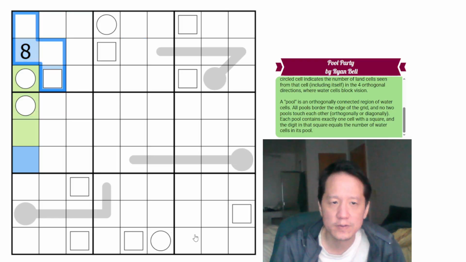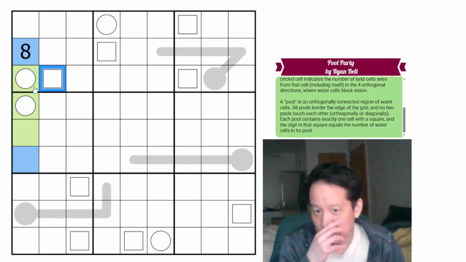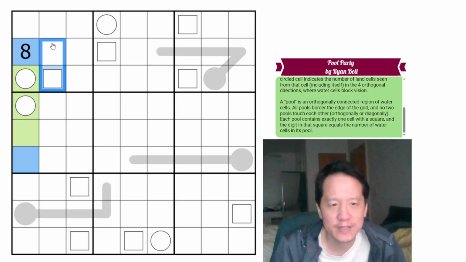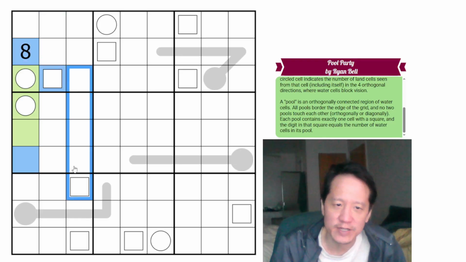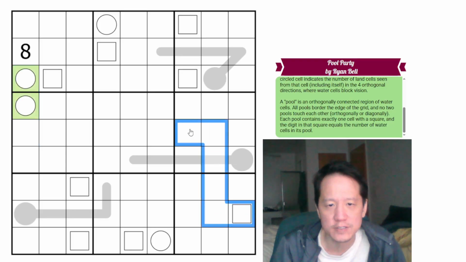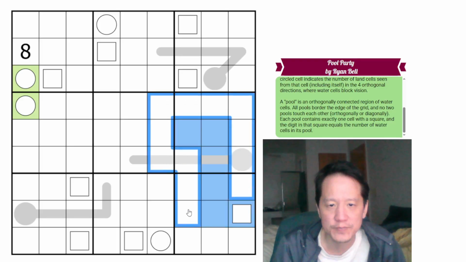Anyways, let's look at another pool. Say this pool was like here, and you had a landmass surrounding it.